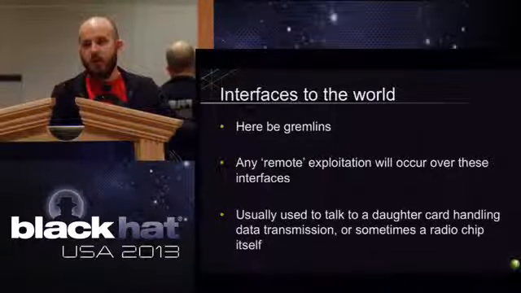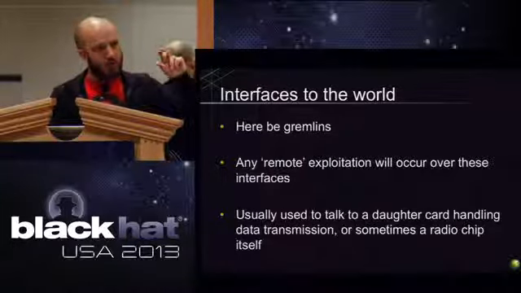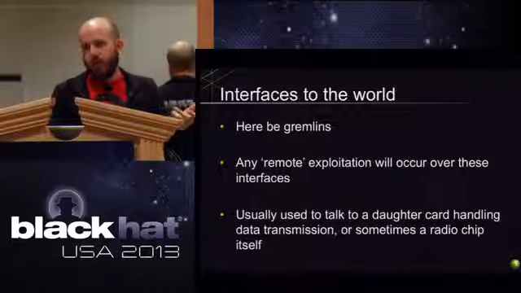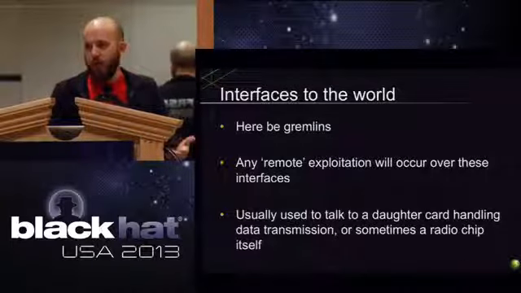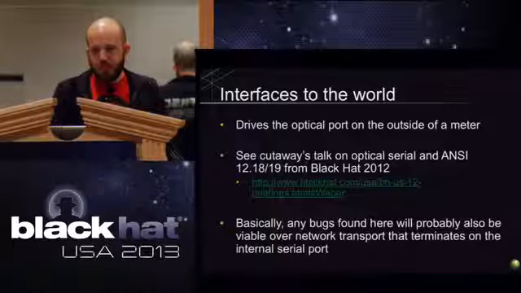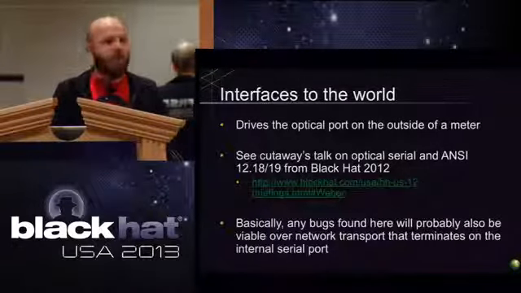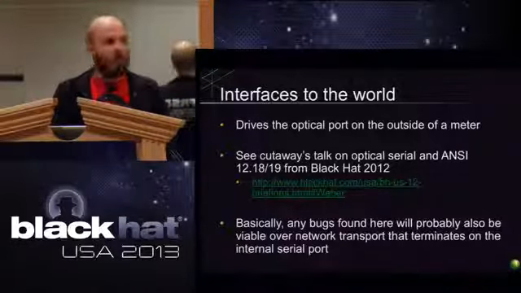Cutaway has talked about finding bugs at least over that optical port, on that side. There's another serial port on the other side of this that talks to the world, and whatever is handling that, that's where your problems are going to be. Plug in Cutaway's talk: any bugs found on that side will likely be found on the inside, because of the way the standards work.